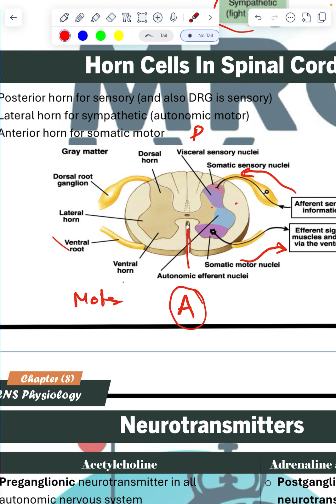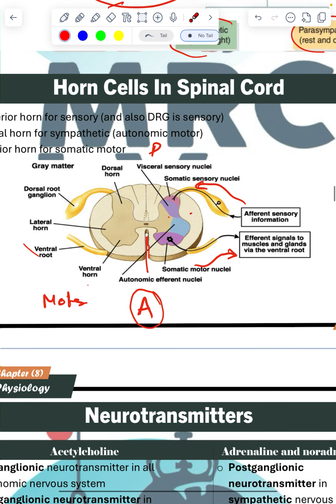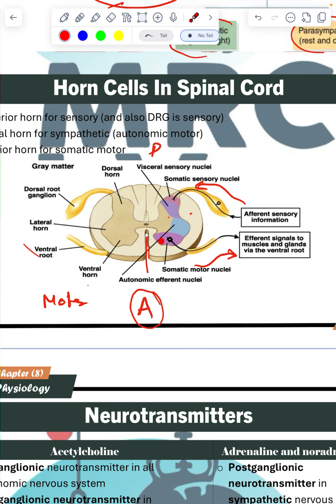In a typical spinal cord, this violet color is the afferent signal from muscles, glands, and mental. Efferent means motor action, and afferent is sensory, somatic sensory, visceral sensory.